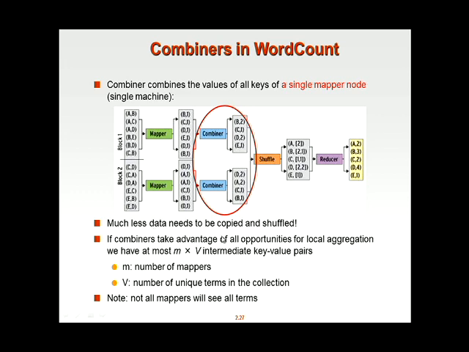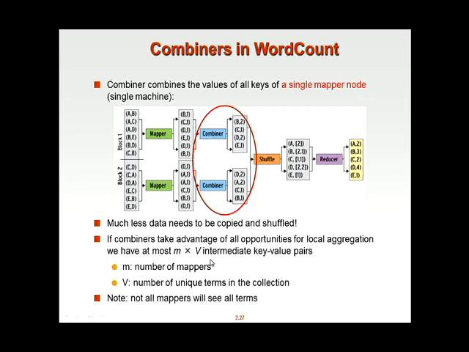Then we have at most M times V intermediate key value pairs. But without a combiner, the size is not M times V. It is the total number of terms in the collection, not unique terms, which is much, much larger than this value.